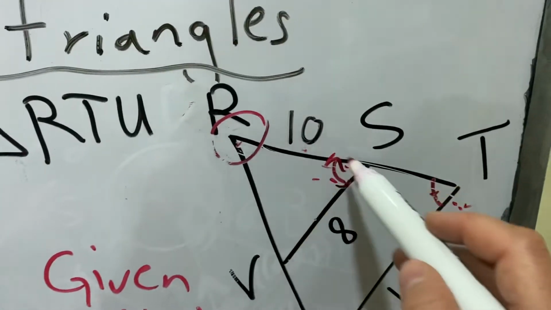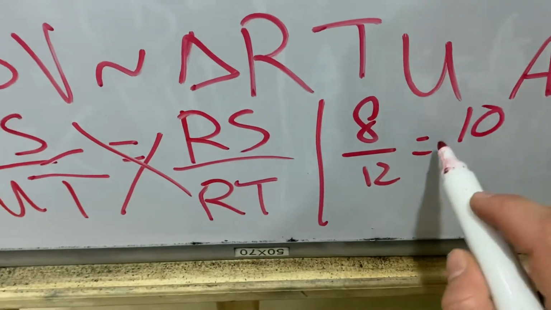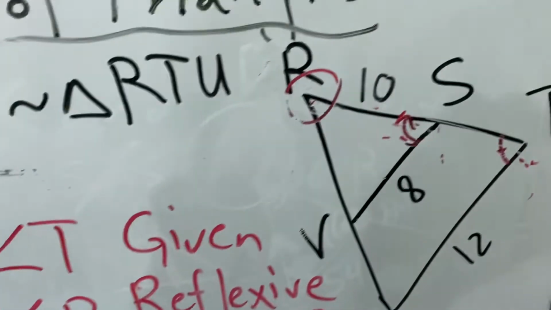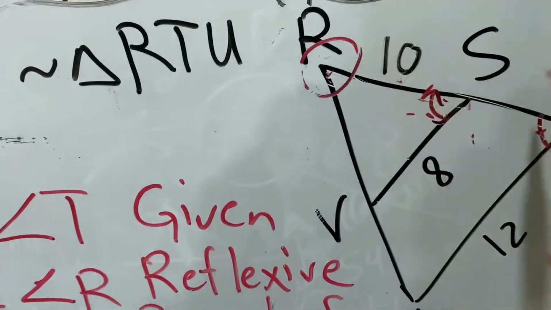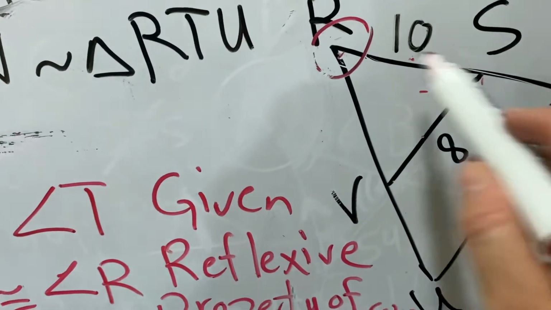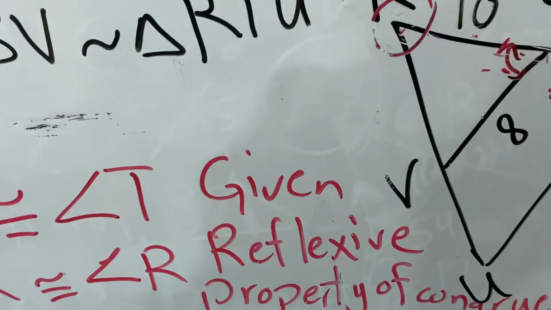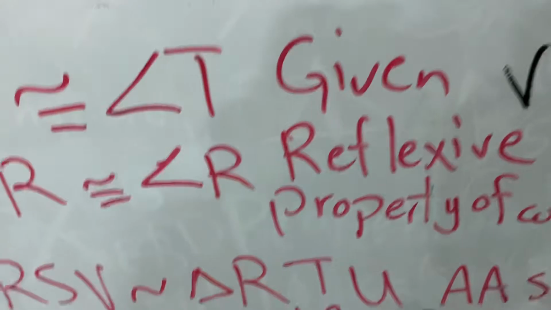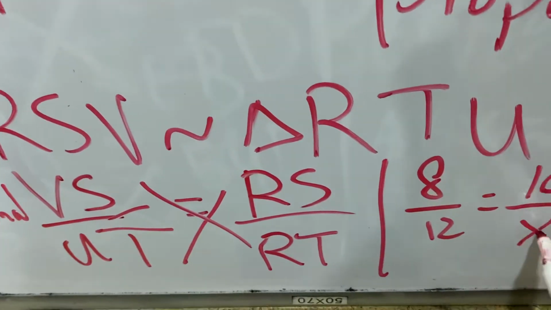How long is RS? It's 10. So equal 10 over RT. RT, actually I don't know it, and this is the thing we need to find. By the way, we can name it X.